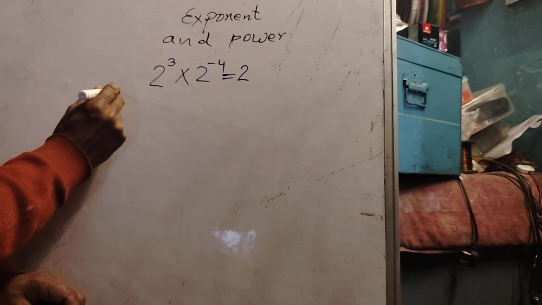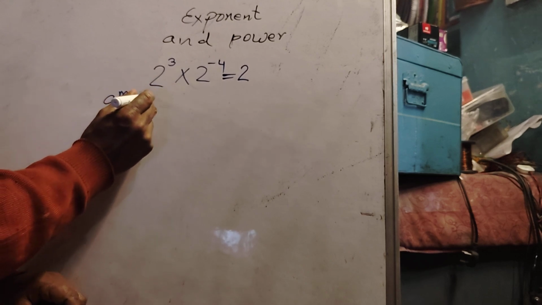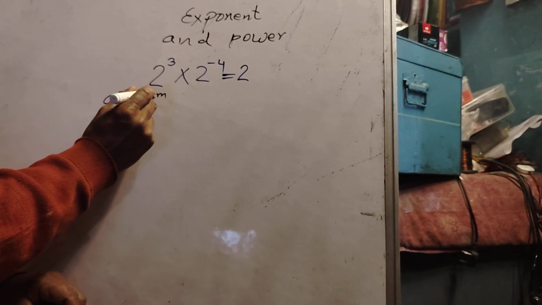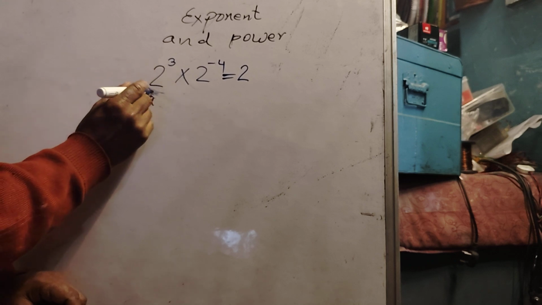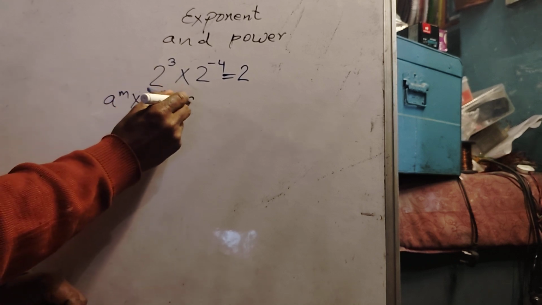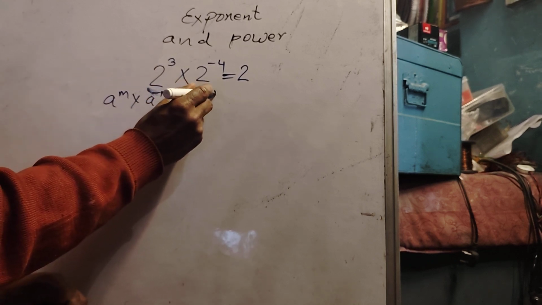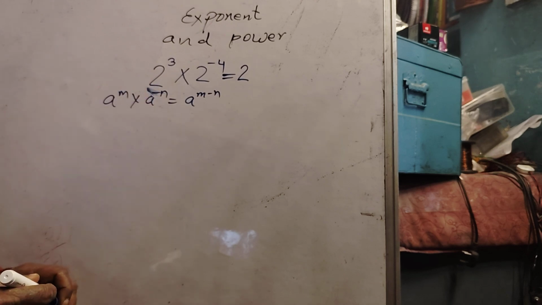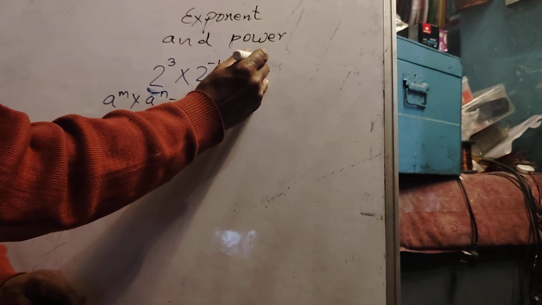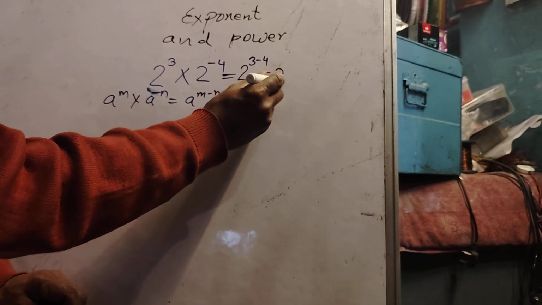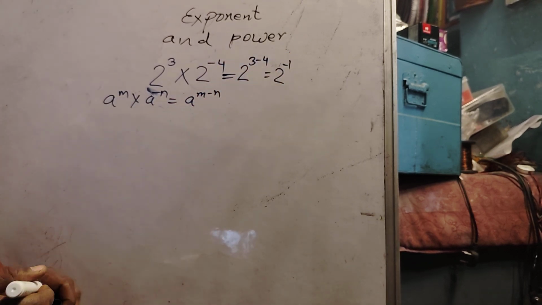Our first rule says if there is the same base, the powers will be added. So the powers are 3 and minus 4. 3 minus 4 is negative 1.